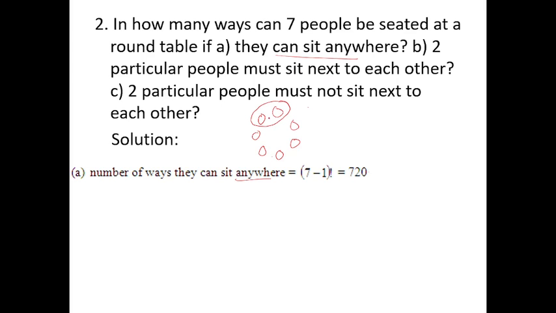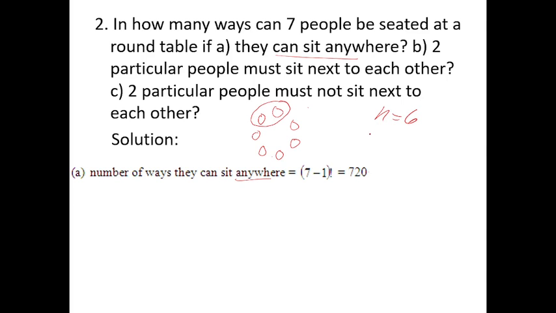Kasi two particular people must sit next to each other. So, these two become one. We consider them as a single count. 1, 2, 3, 4, 5, 6. So, we have 6. Now, n is 6. Yung totality ng mga people wherein yung dalawa considered as 1, dahil sila, they must sit next to each other.